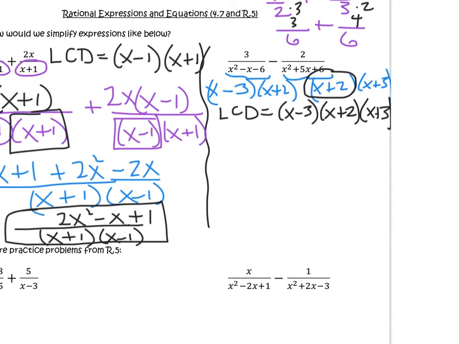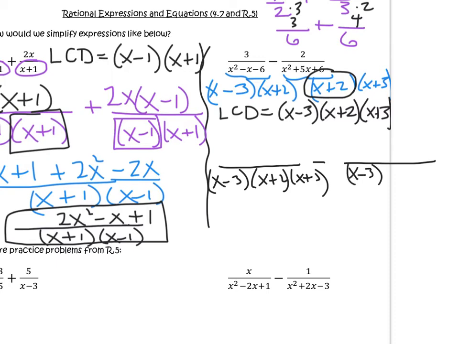Okay, so we have our common denominator, so we're going to rewrite both fractions with it. So our common denominator is x minus 3, x plus 2, x plus 3. So that's got to go into both. For each one, I'm going to say, okay, look at my old denominator to my new one.